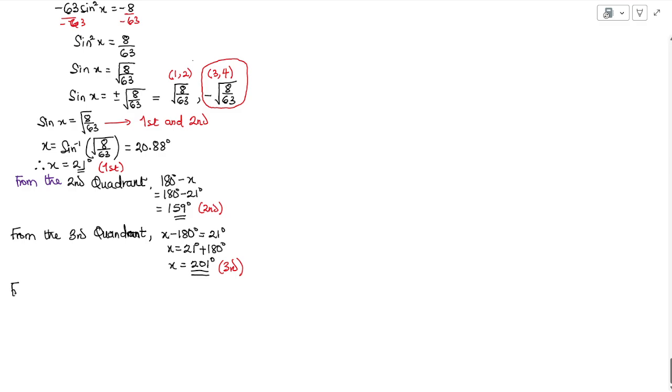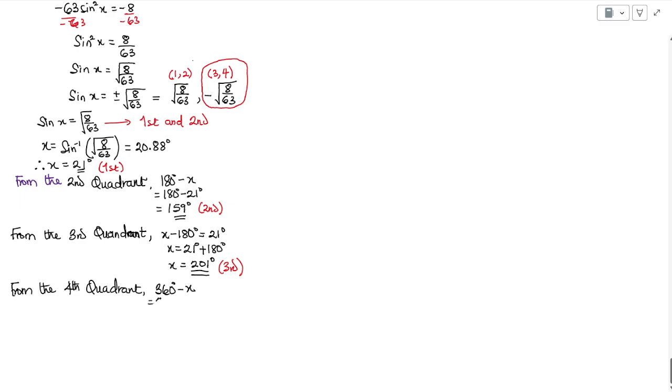Then from the fourth quadrant, we have 360 degrees minus the x value we had initially.